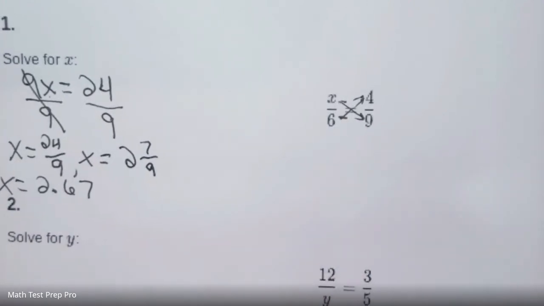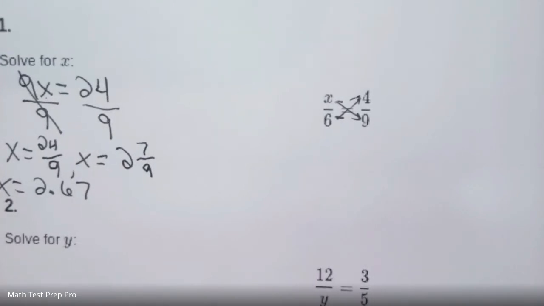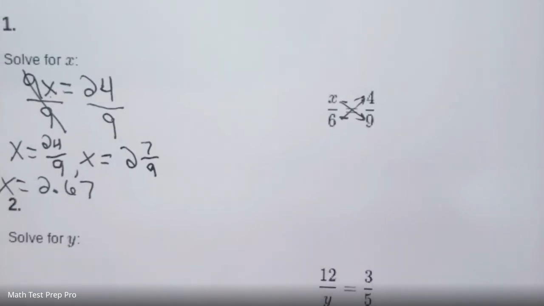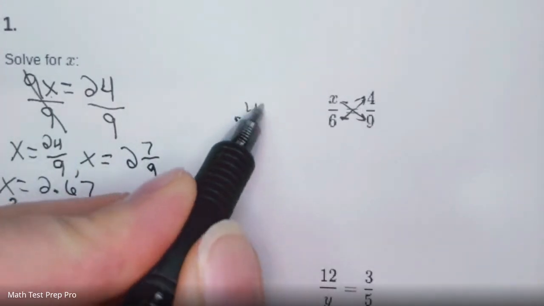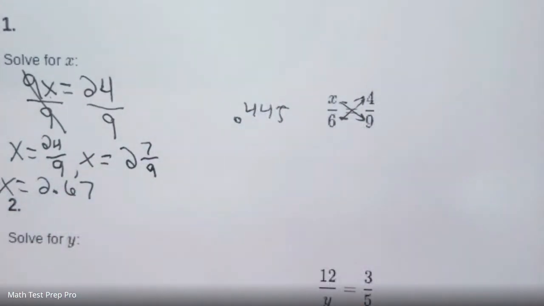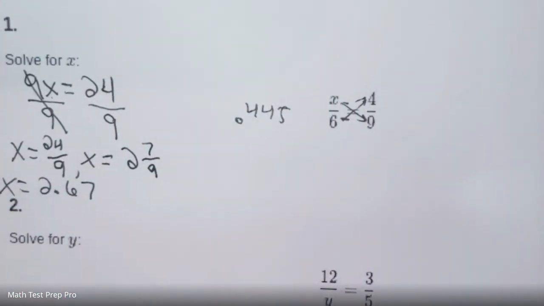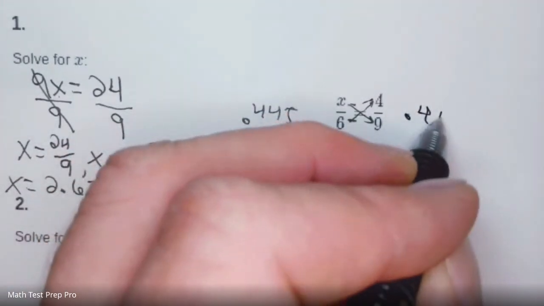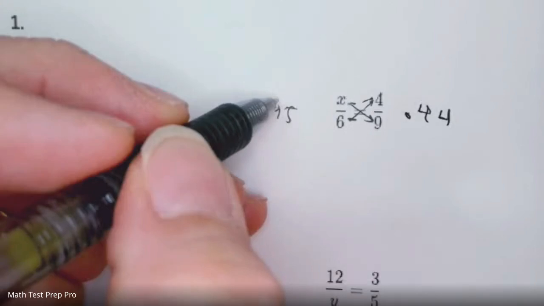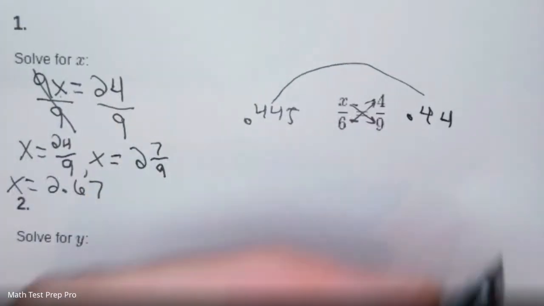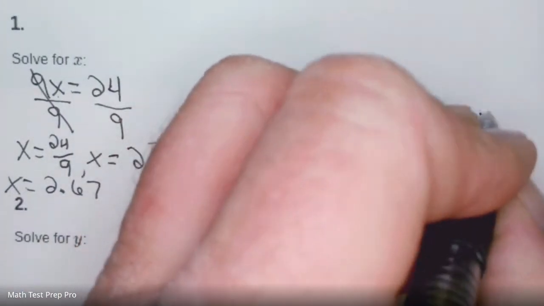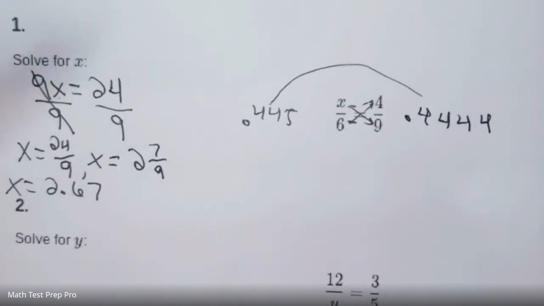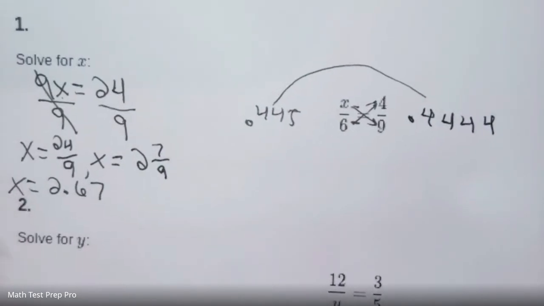So 2.67 divided by 6 is about 0.445. And 4 divided by 9 equals 0.44. So they're pretty much equal there. Pretty much the same thing. So that pretty much makes them equal to each other.